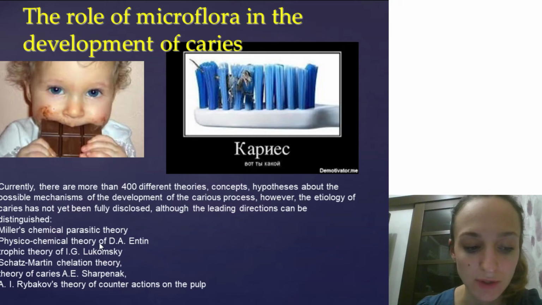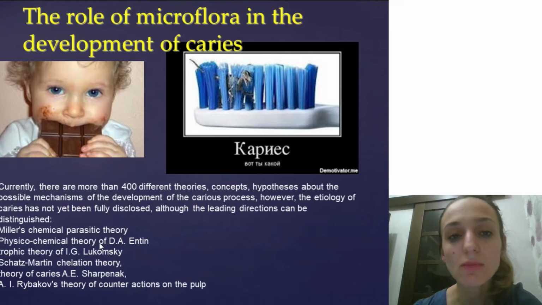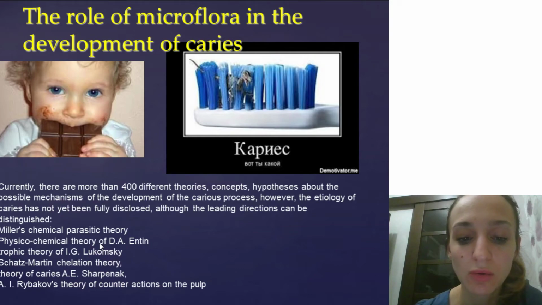Lukomsky's trophic theory. Then Merton's theory of proteolysis and chelation, and Rybakov's concept of opposite effects of the dental pulp. However, none of these theories gives full answers to a number of questions related to etiology and pathogenesis of dental caries.